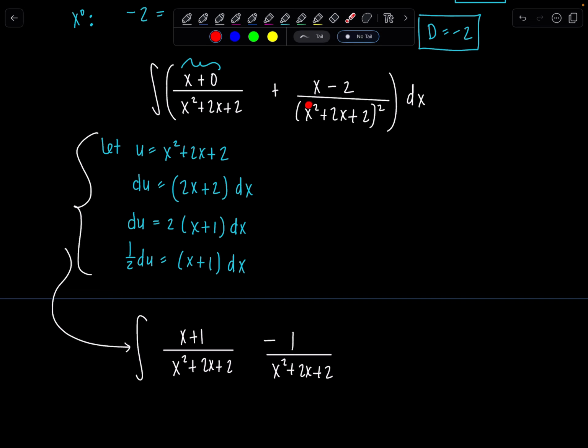I'm going to again let u be x squared plus 2x plus 2. And then I would love an x plus 1 up top, not this x minus 2.